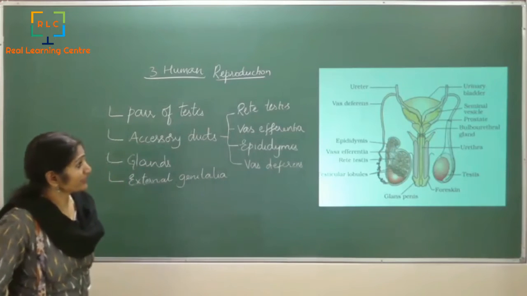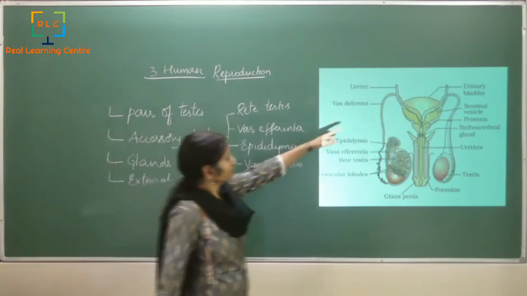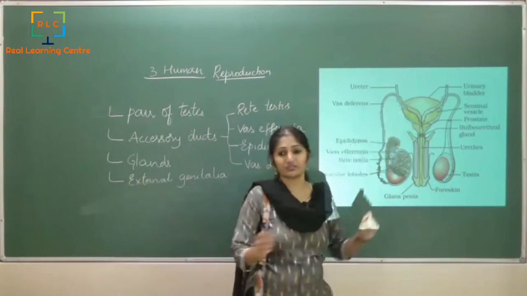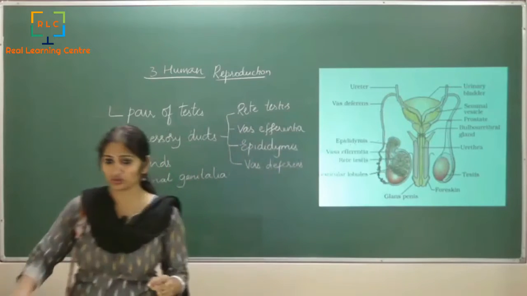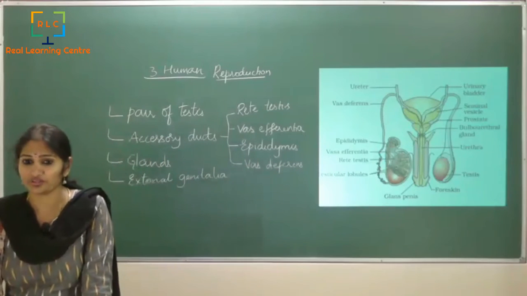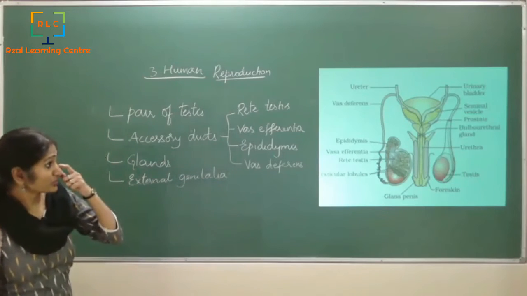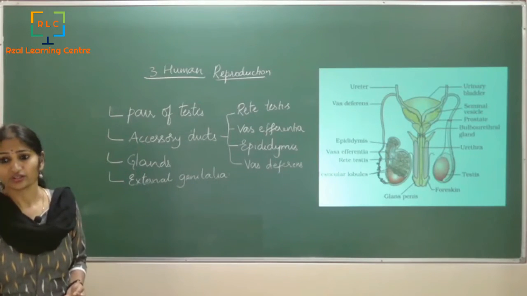And then it gets one duct from the seminal vesicle. Here in this vas deferens, you see that there is one seminal vesicle. Now this seminal vesicle is also very important, and it opens into the urethra, actually acting as the ejaculatory duct.